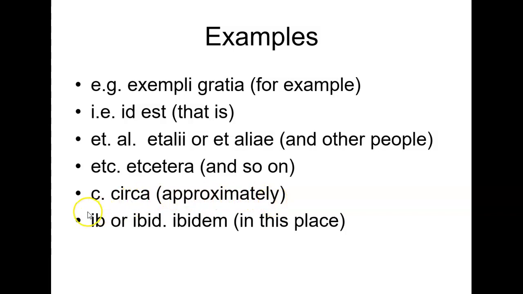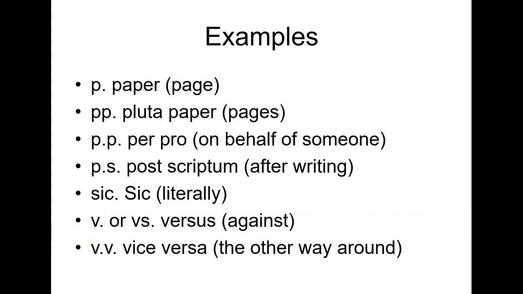And another example here, we've got ib. or ibid. That stands for the Latin ibidem, which means in this place. So if you have ever seen any of these abbreviations before and not known what they mean, now you know what they mean. Let's take a look at some other examples here.